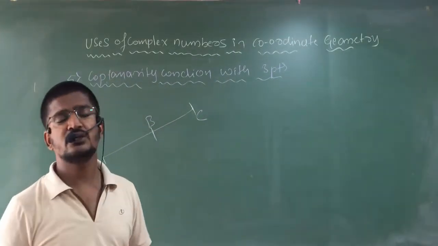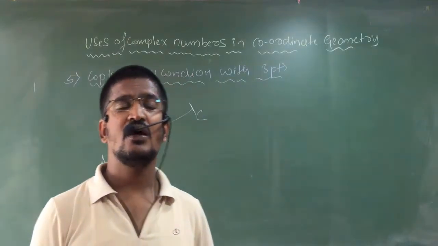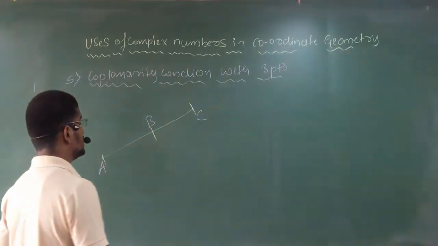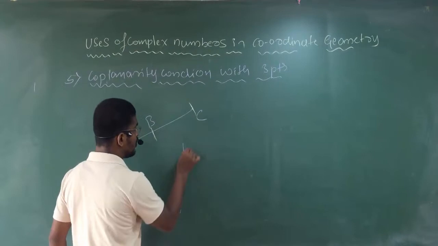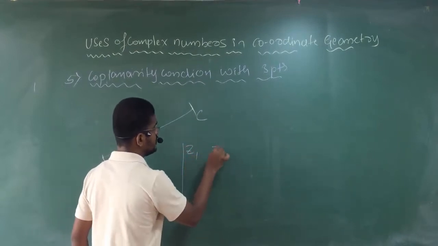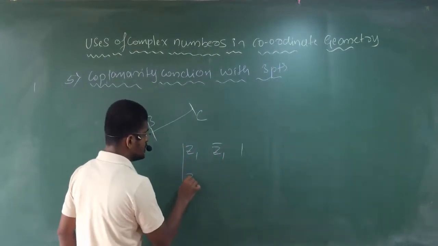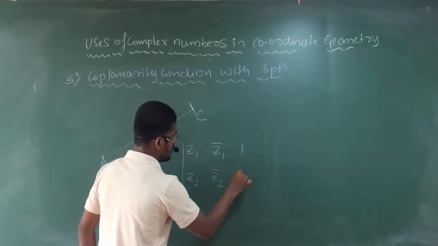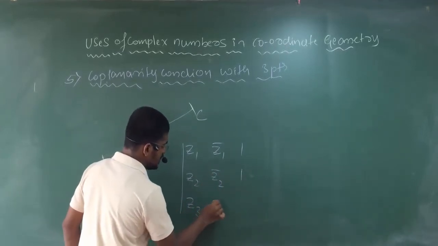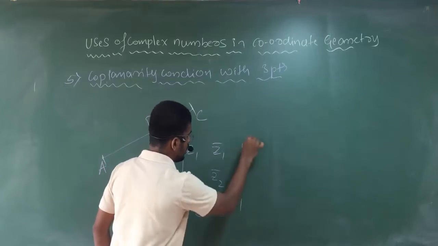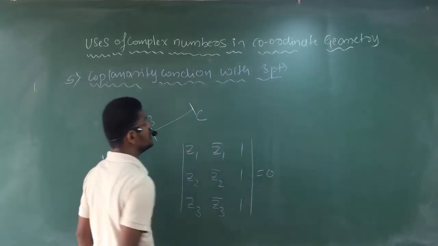Then what is the condition for showing A, B, C are coplanar? It means the determinant of Z1, Z1 bar, 1; Z2, Z2 bar, 1; Z3, Z3 bar, 1 must be equal to 0.